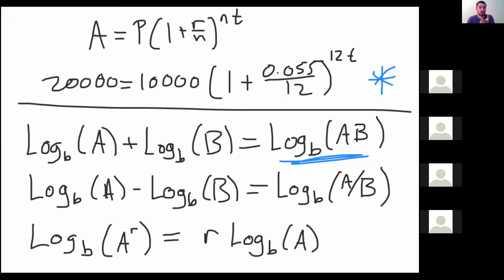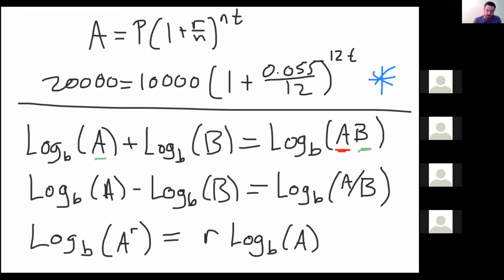I have a log property that deals with when I'm multiplying 2 things together inside of my log function. Okay? And it says, if I have the log of one thing times another, so that A is just a bucket representing one thing, that B is a bucket representing another, I can split that multiplication over addition with those logs.